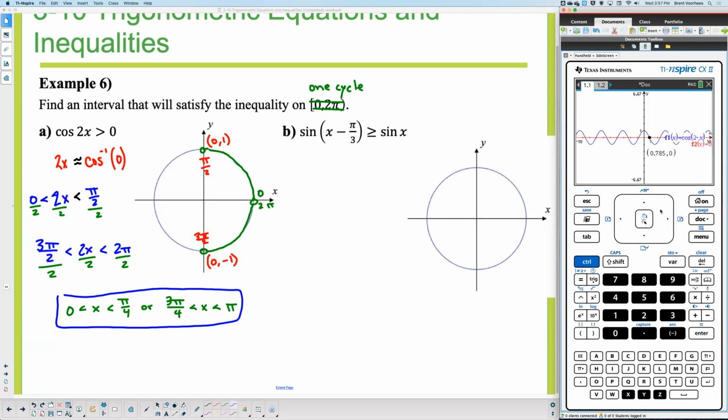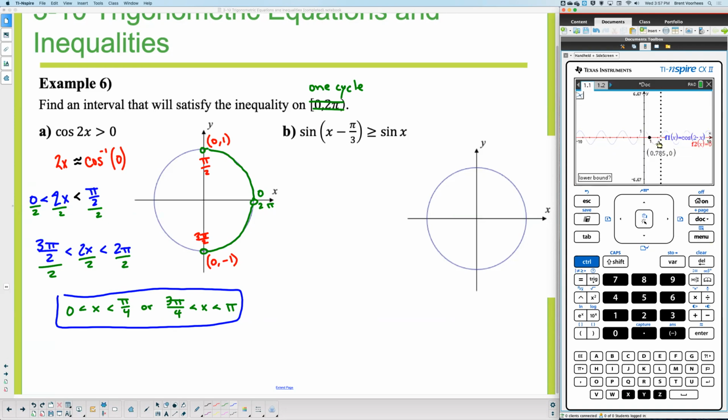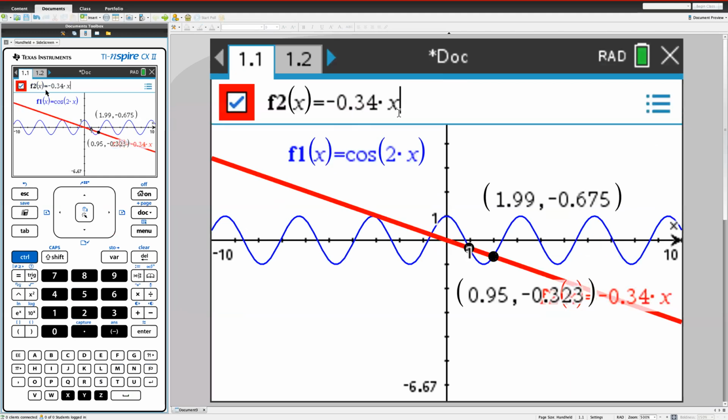And then it would pick back up, menu, analyze graph, intersection from here. No, that's not what I wanted. I'll have to fix that now. Trying to get these graphs out of the way. Let me blow it up again. There we go.